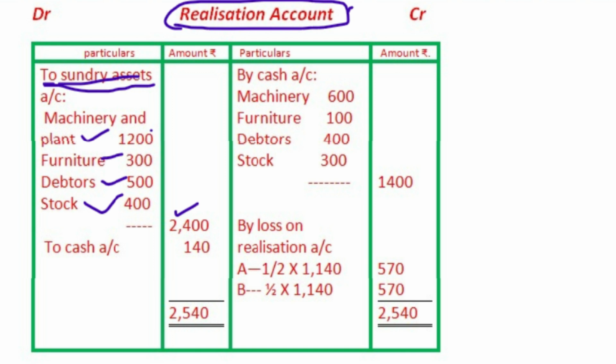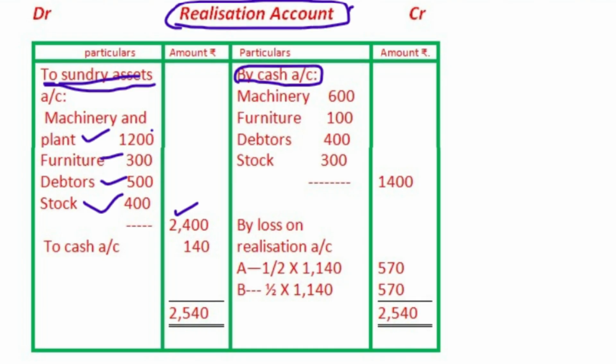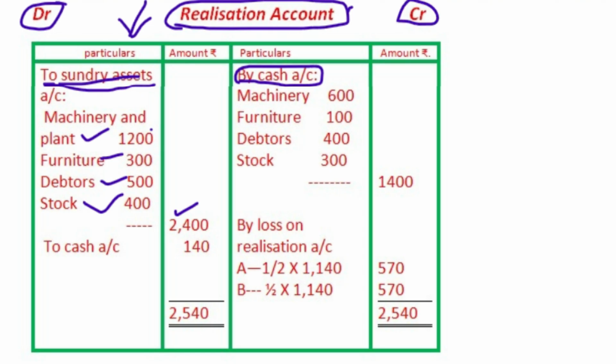By realizing these assets, the partnership firm has received cash, this is the by cash account. First the assets are transferred from the balance sheet to the realization account on the debit side, and after that, the amount received on sale of these various assets is written on the credit side, the by cash account or bank account.